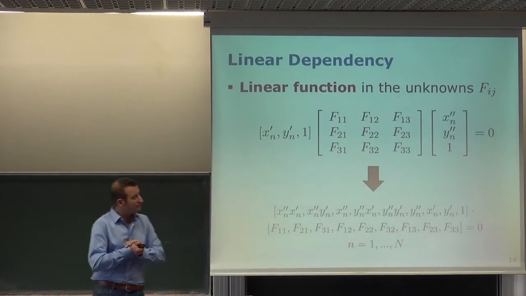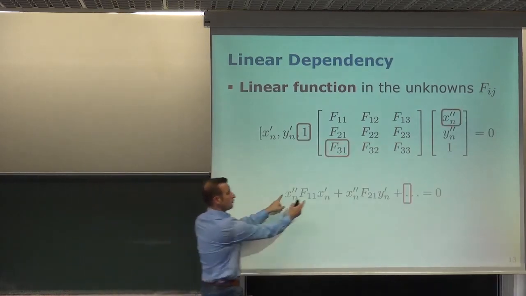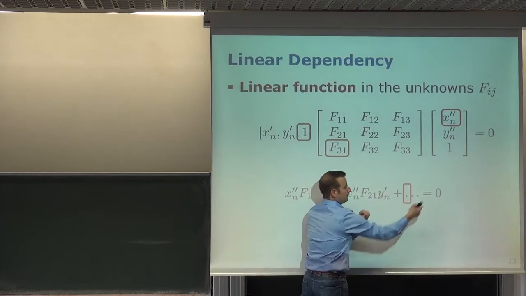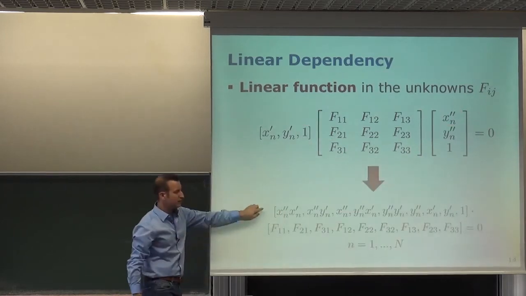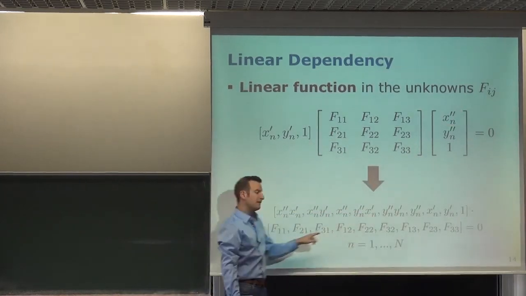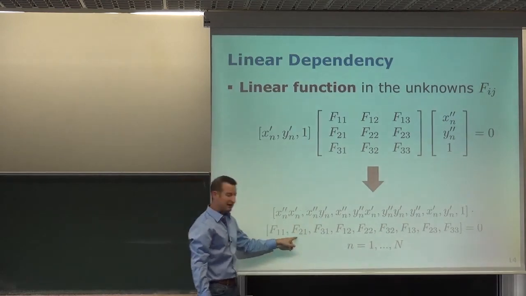So I can slightly rewrite that and group all those terms together for all elements, put them into one vector over here, and do the same thing for my vector of unknowns.